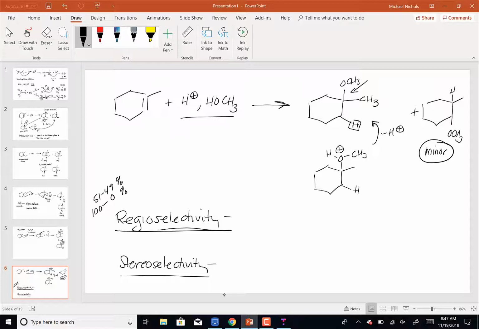So I'm going to add H, nucleophile, reverse it. Are those two products different? If they are, and I form one over the other, I'm selective. Okay. That's the rule for either one of these. But how they differ is that for regioselective, the possible products need to be structural isomers.